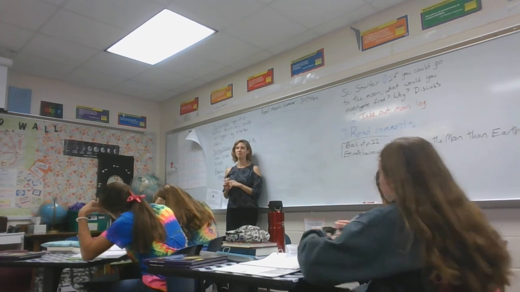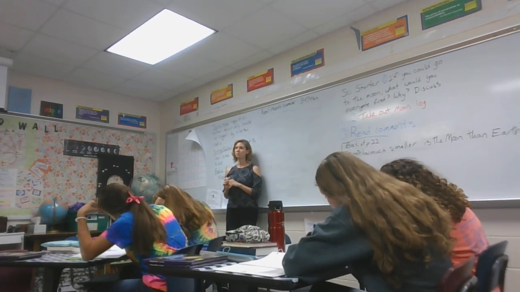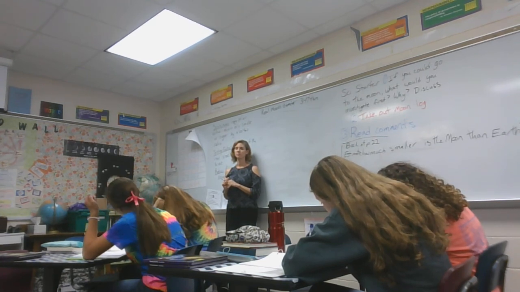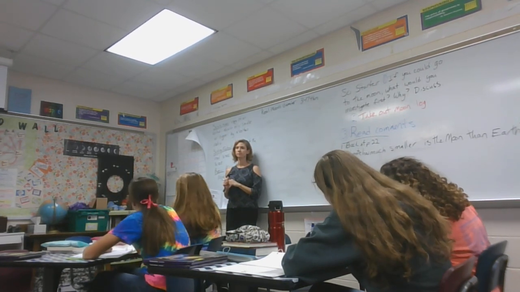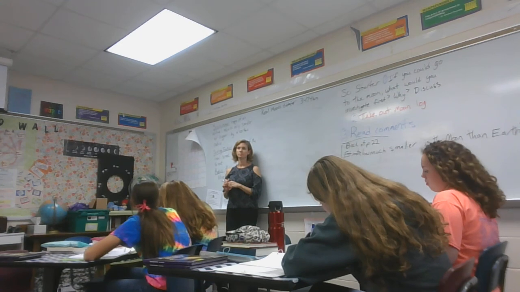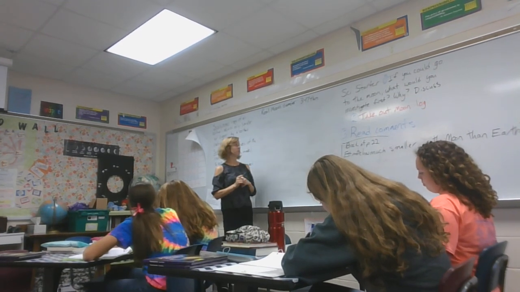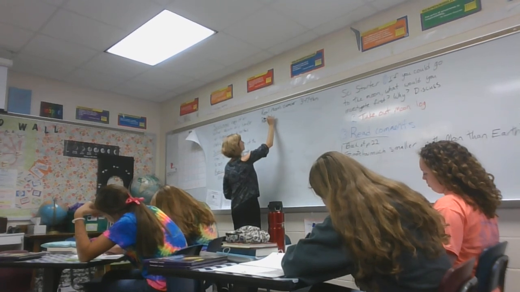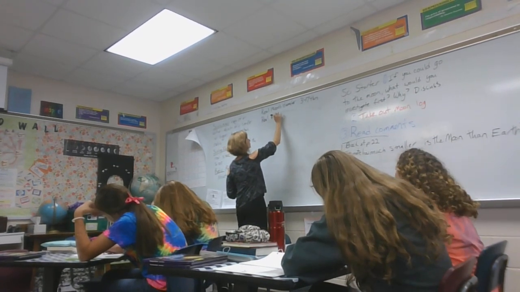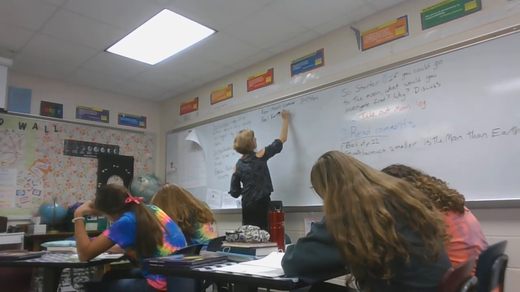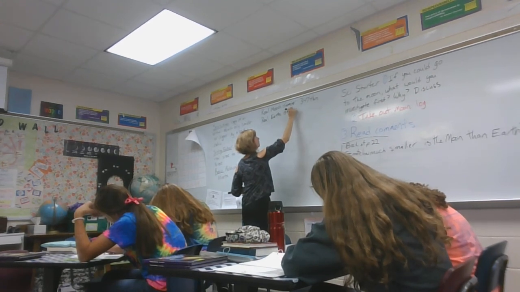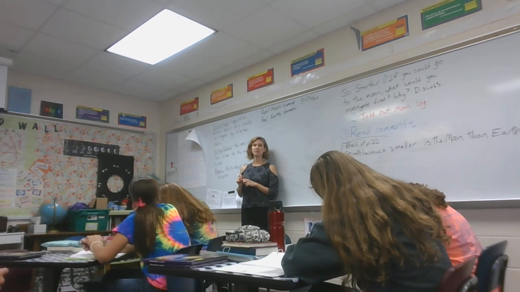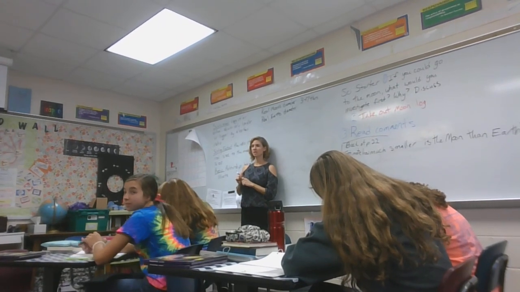What else do we need to know in order to make a scale model of the moon and the Earth? Yeah, we need to know the real Earth size. How do we find that out? In 30 seconds, how do you find that out?